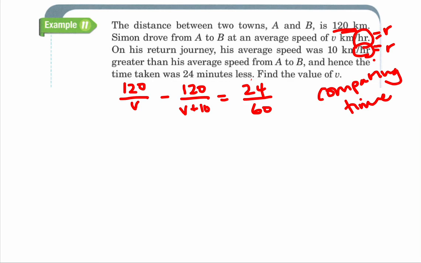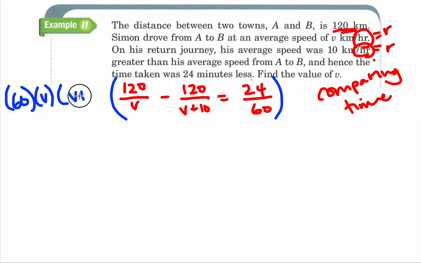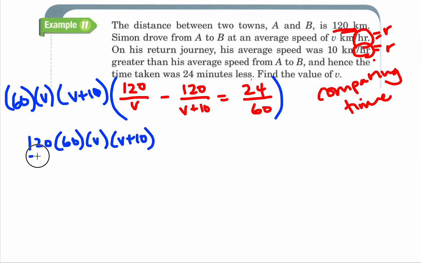Okay, so I'll get a different color then. And in order to get rid of the V plus 10 and the 60, let's just go ahead and multiply by each of those. Multiply by 60, multiply by V plus 10, because later on, stuff is going to cancel out. So we start with the 120. 120 is going to be multiplied by each of those, and they're all going to be on top because those are not fractions.